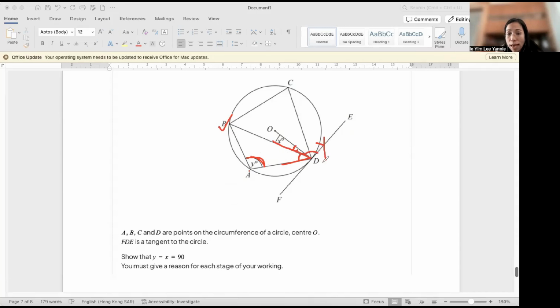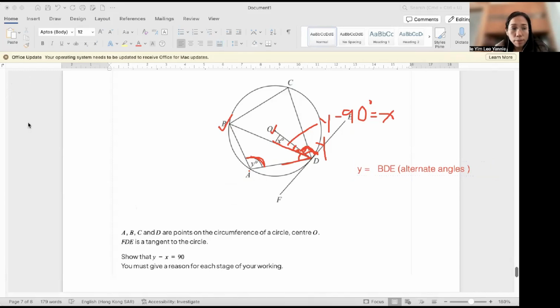So this is y. At the same time, since FE is also a tangent, remember one characteristic of the tangent: the angle with the center is 90 degrees. So for this part, x is y minus 90. Because for y, if I take out the right angle, the remaining part will be x. So you just move the numbers and you can prove it.